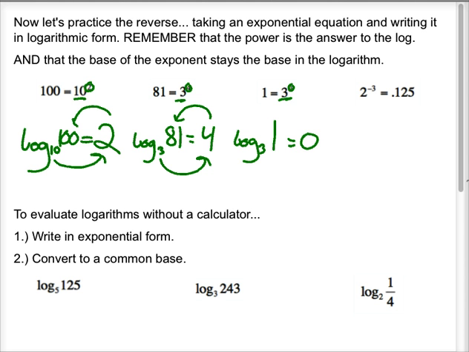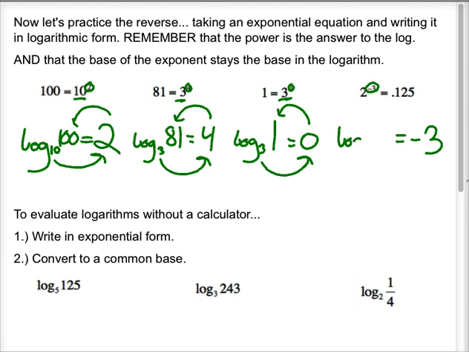So log base 3 of that number, so of 1, is 0. So what's it saying? 3 to the 0 power is 1. All right, the solution, or my exponent, is my solution.